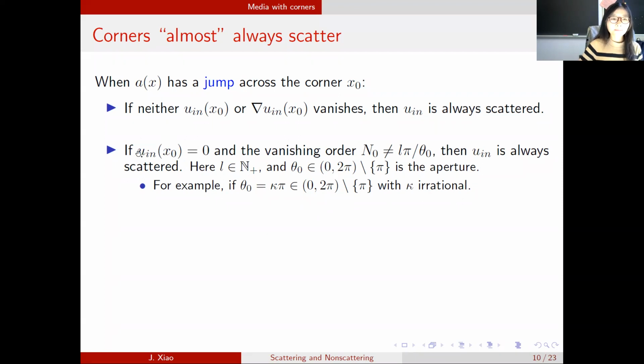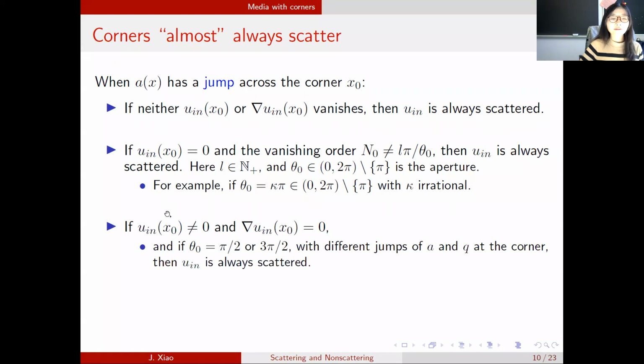Otherwise, in the case when the incident field doesn't vanish but the gradient vanishes at the corner, there are also some funny results. Suppose the corner is either a pi corner or the concave version of it, 3 pi over 2, sorry, not 2 pi, pi over 2.